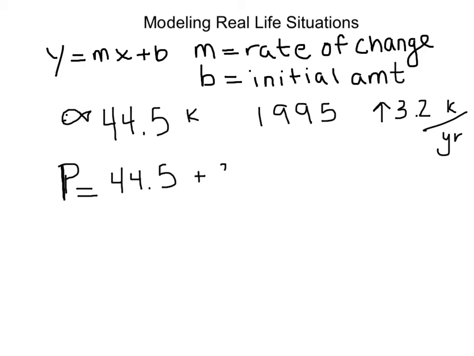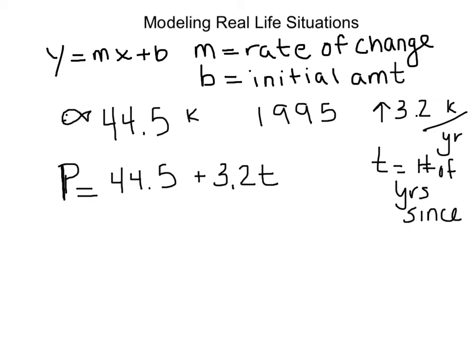And then I'm going to say that this is going to change by 3.2 thousand per year, where t equals the number of years since 1995. So we can project from 1995 how much trout should be in the pond in any given year over the next 10 years.